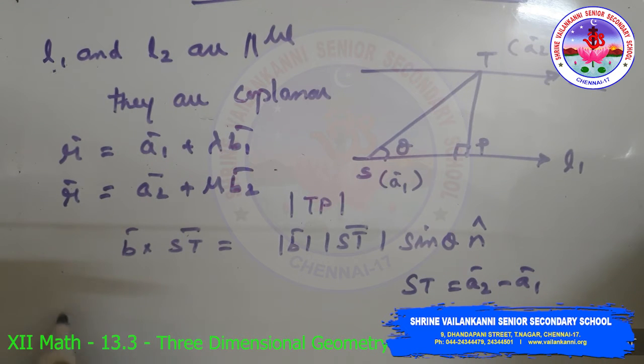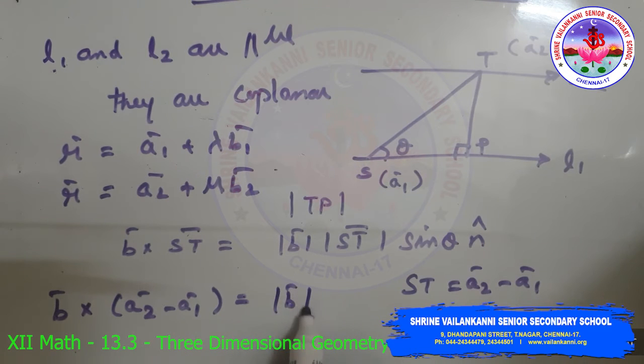Therefore, we get b cross a2 minus a1 equal to modulus of b into PT n cap, since PT equal to ST sin theta.